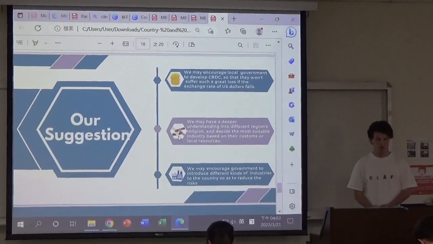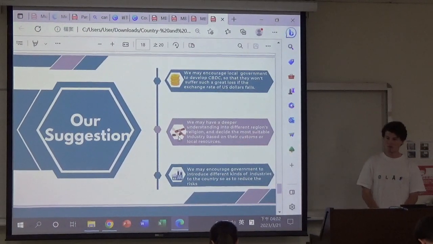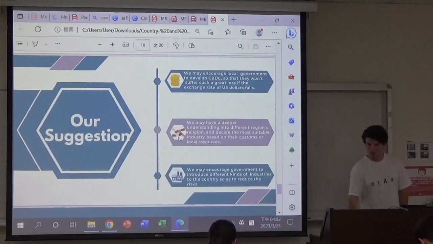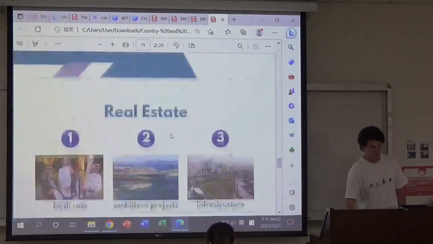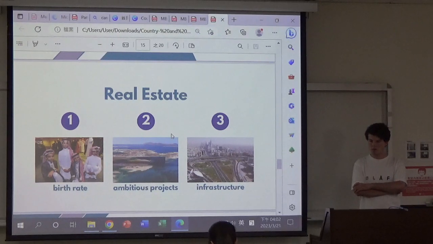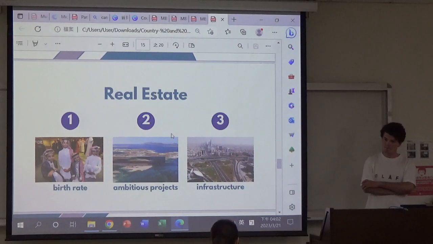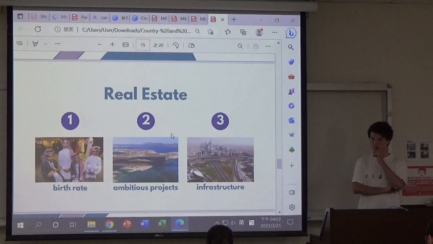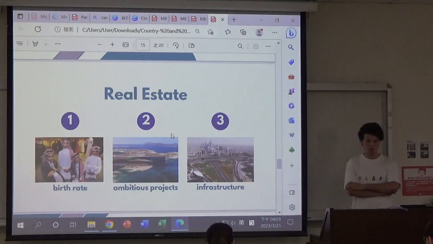So you made a very interesting recommendation about investing in real estate in Saudi Arabia because of 3 reasons. I can see that the first row will be a promising reason, and of course they have their ambitious projects going on, not only in Saudi Arabia but also in neighboring countries as well. But the infrastructure, I'm a little bit confused about that because we know that a lot of constructions are going on in Saudi Arabia.